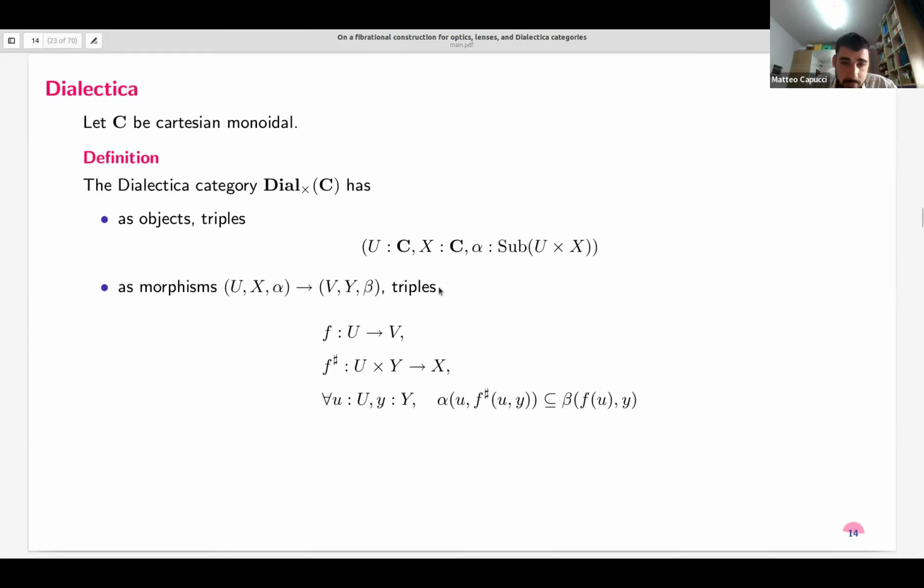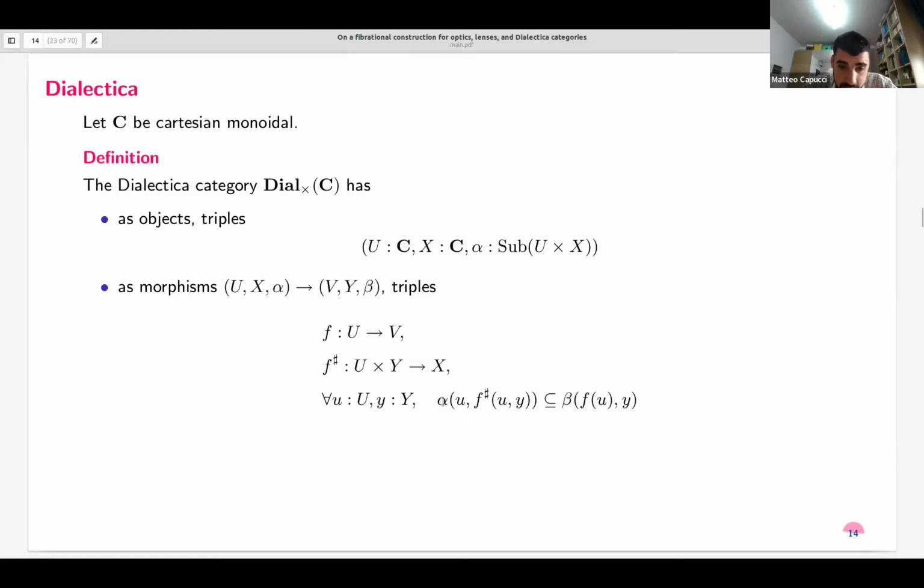And then a morphism is given by triples again, of two morphisms in C, which you see are very similar, where I actually form a lens, a simple lens as before. So notice in particular that F sharp goes the other way with respect to F. And then we have this third component, which is a property, if you like, of the morphism.